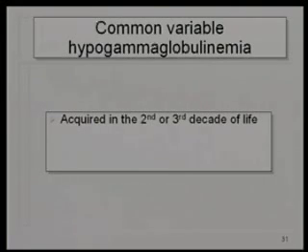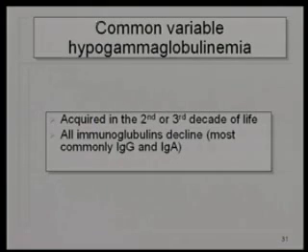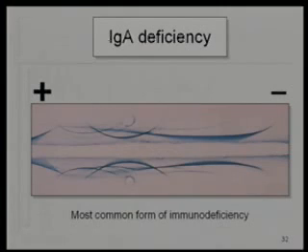And they come out of that phase later on, but during that period they have got to be treated with gamma globulin. Okay? All immunoglobulins decline, and most often IgG and IgA. And it is thought that they have some sort of class switch defect. Why in that age period? It's not really known. The cause is unknown.